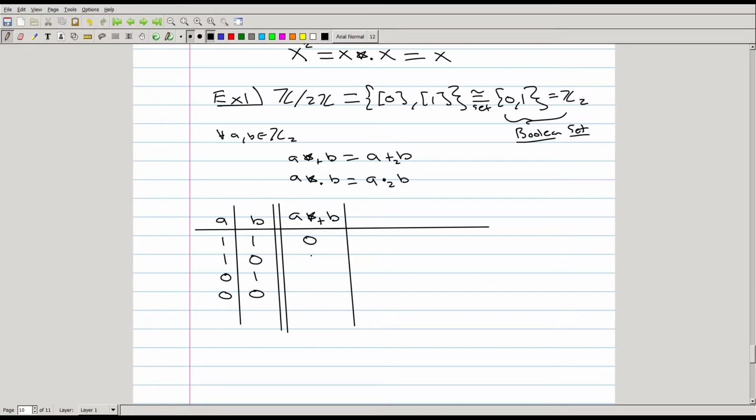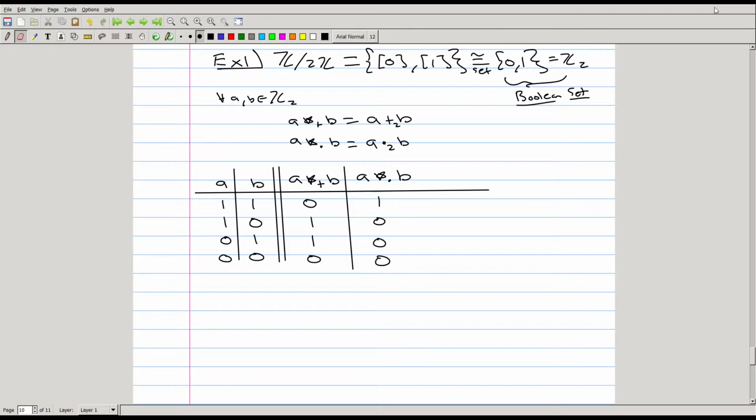It's going to be 1 when A is 1, B is 0, 1 when A is 0, B is 1, and then 0 when A is 0 and B is 0. And A times B is going to be 1 when A is 1 and B is 1, and it's going to be 0 for all of their other values.